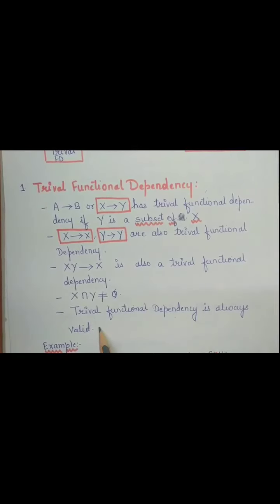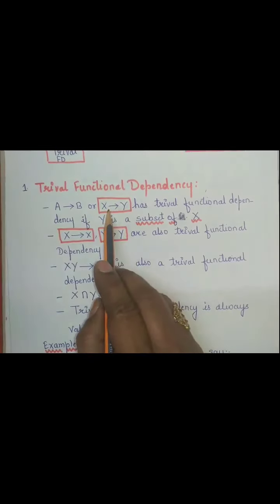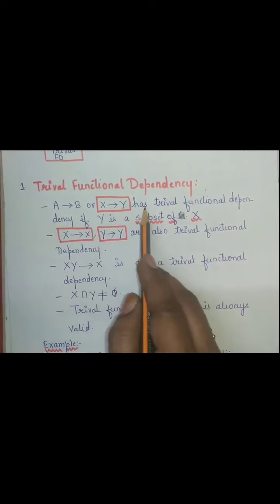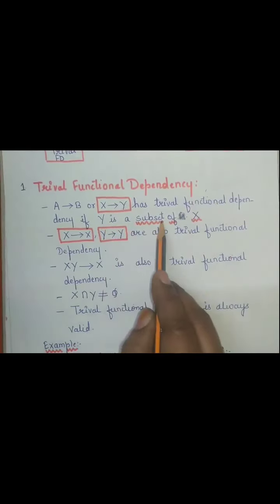We have seen just now what valid and invalid functional dependencies are. So basically when we talk about trivial functional dependency, it is always a valid functional dependency, right? So let's see here, X determines Y, or we can say X goes to Y, is a trivial functional dependency if Y is a subset of X.